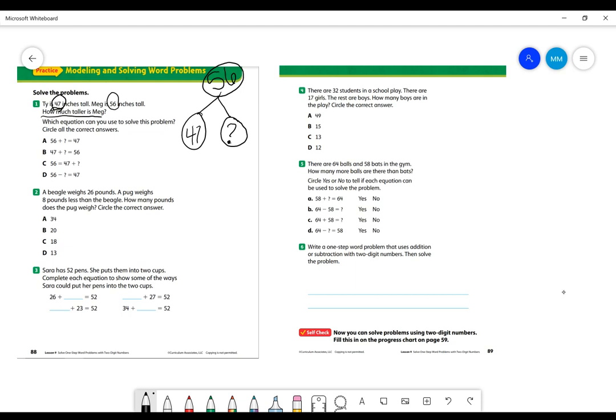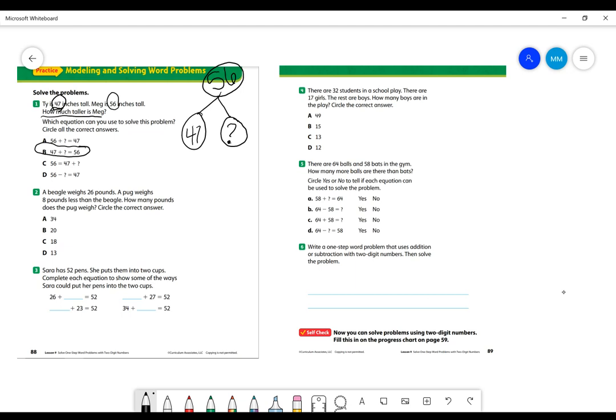All right, let's look at B. 47 plus a missing part makes 56 altogether. Is that an equation that could help us solve our problem? Yes, because I'm starting with the part that I know. I have how many more inches Meg is taller and how many inches altogether Meg is. All right, let's see. 56 equals, so remember, friends, we don't want to get tricked.